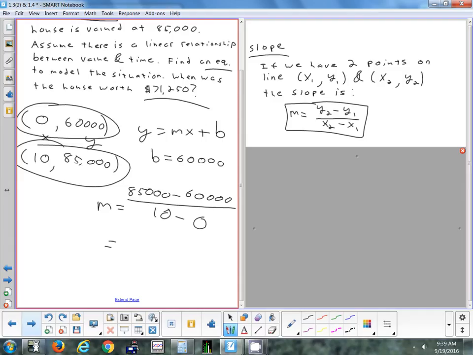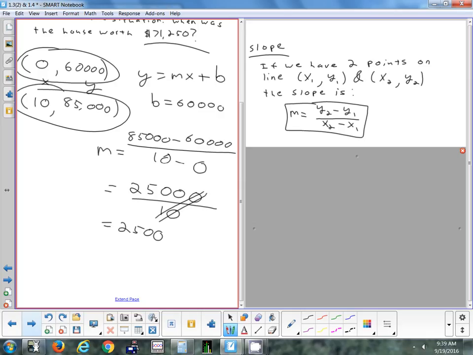So 85,000 take away 60,000 leaves me with 25,000. 10 take away 0 leaves me with 10. What's 25,000 divided by 10? 2,500. That's my slope.